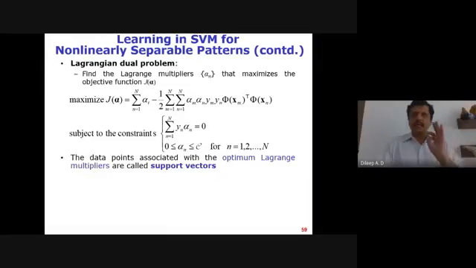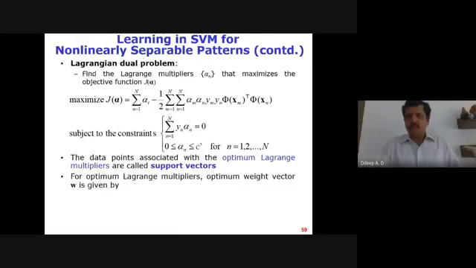Now, instead of the operation happening in the input space, it is happening in the higher dimensional feature space. After the optimization, whatever Lagrangian coefficients we get identify the data in that transformed space which are the support vectors.